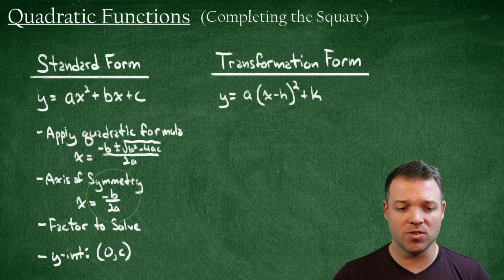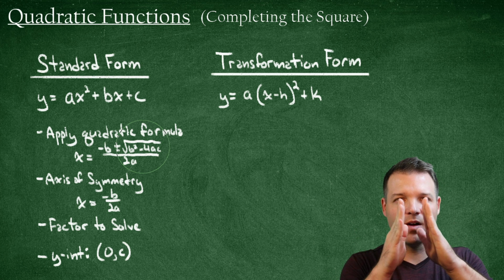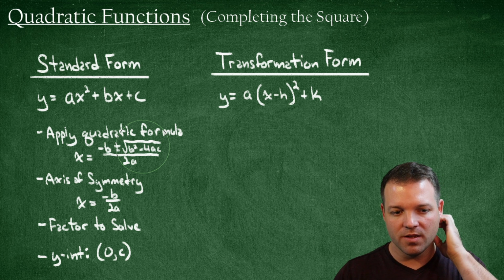You might notice from the quadratic formula, we have in the front negative b all over 2a, and that gives you the center line, the axis of symmetry. And it's really the plus or minus the square root of all that stuff that is how we deviate away from that center line.